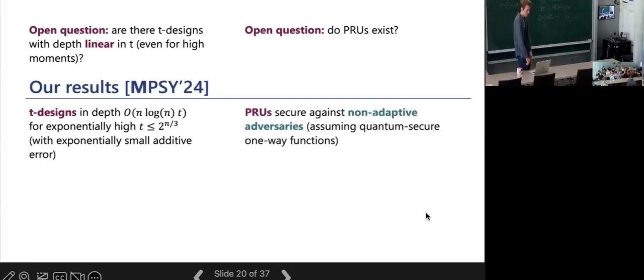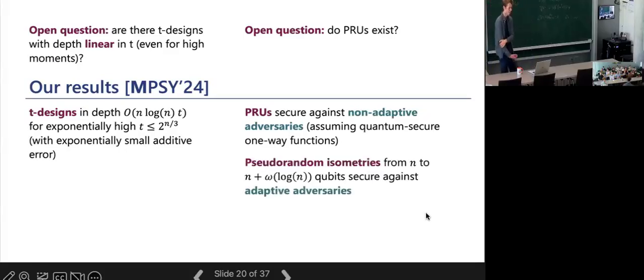On the PRU side, we prove that we have a construction of PRUs that is secure against non-adaptive adversaries, assuming quantum-secure one-way functions. And because Ron already asked about this, what about adaptive adversaries?